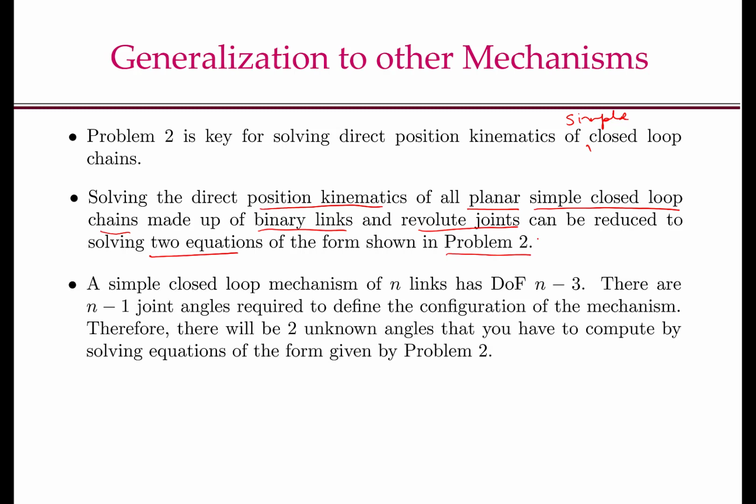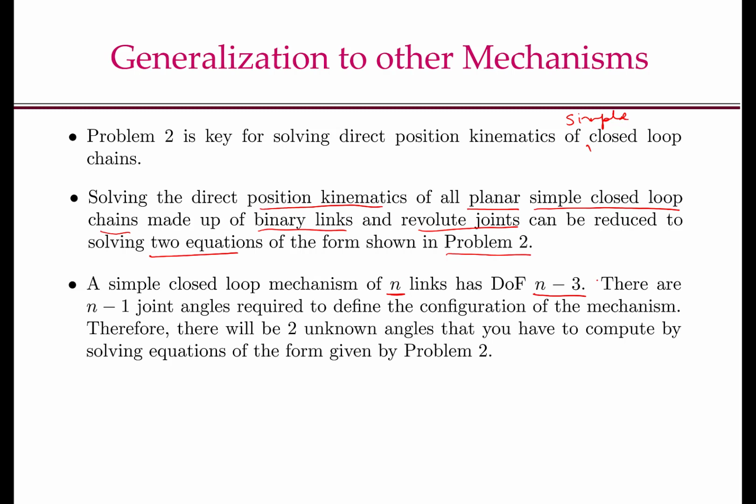So let's just get an intuition for this, why this should be true. And the details of this I will show in another module. First note that a simple closed loop mechanism of n links, where n can be any number, has degree of freedom n minus 3.